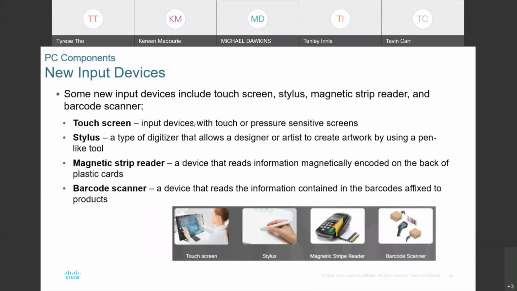Now, new input devices. Those are devices that may not supersede, but you could say it's possible they make some of the older input devices obsolete. But the mouse and the keyboard and the monitor will not go. You understand?